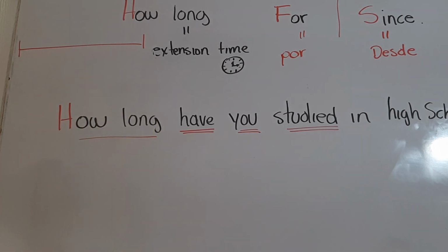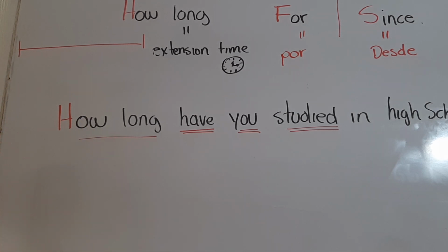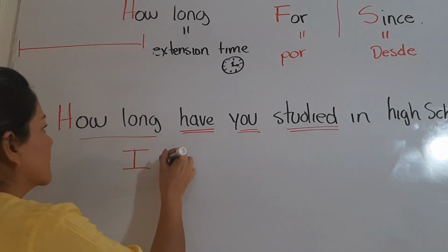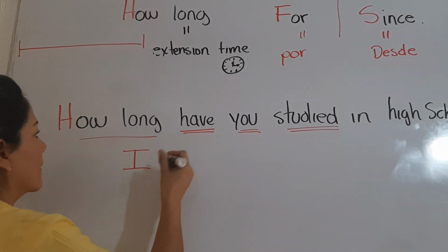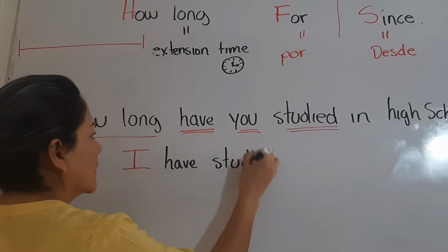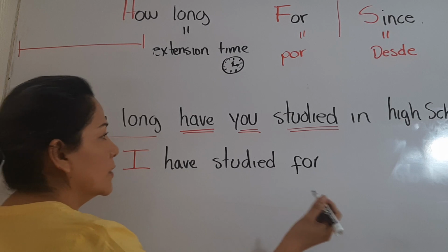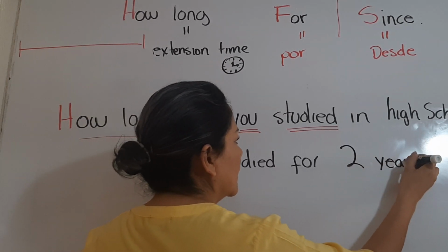Okay, well, this question has one possibility of answer. In this case, if I want to use for in the answer, I may say, I have studied for 2 years.